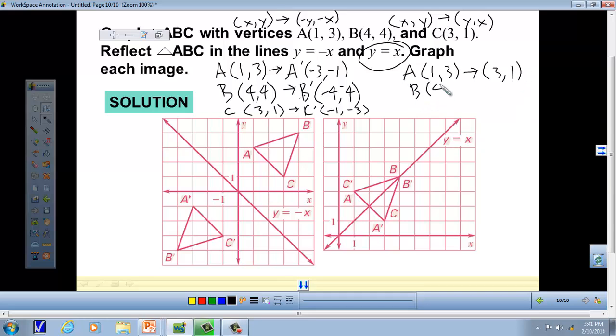B, which is 4, 4, stays at 4, 4. And C, which was 3, 1, becomes, whoops, this should be A prime, B prime, and C prime. This becomes 1, 3. If you notice, the 3, 1 becomes 1, 3, and the 1, 3 becomes 3, 1. So they reflect on each other.